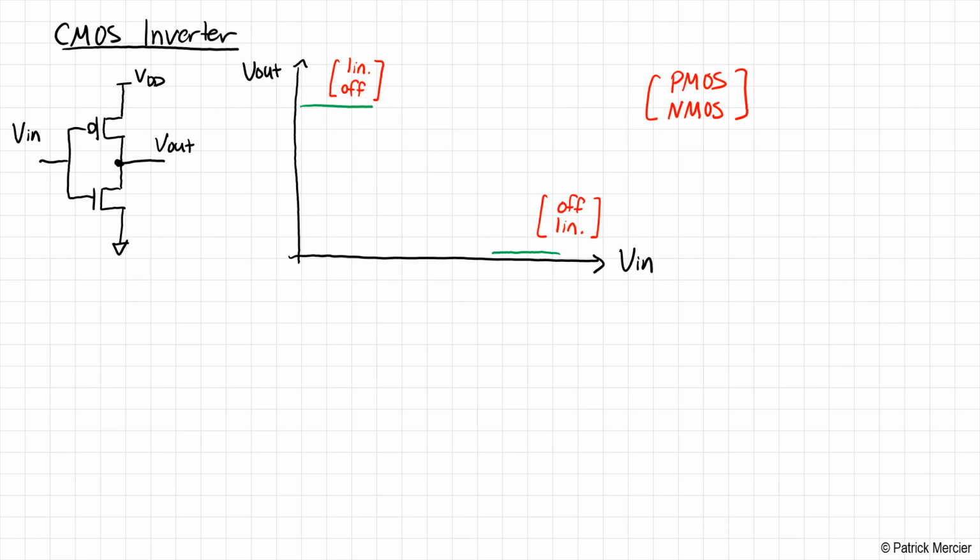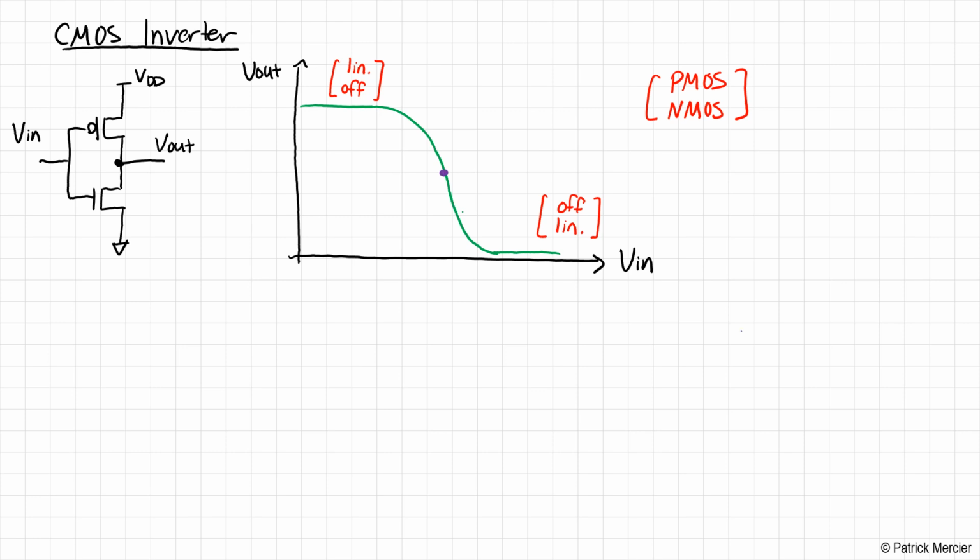Now, in a perfect world, these two different levels here would just instantaneously swap once we cross the inverter threshold voltage. In actuality, that doesn't happen. There's going to be some kind of gradual change between these two different states. Okay, so I want to label one state here.